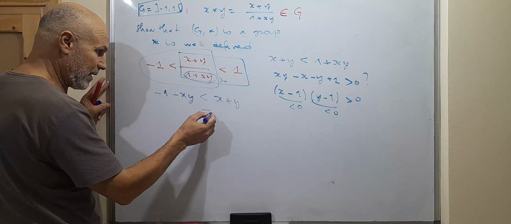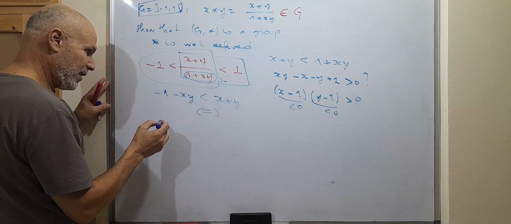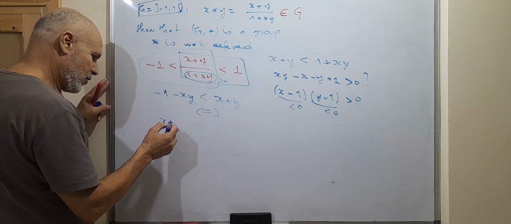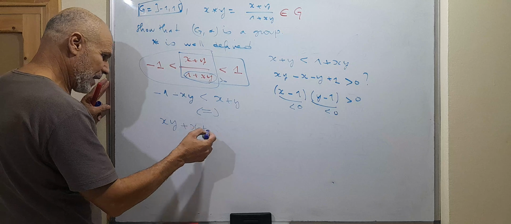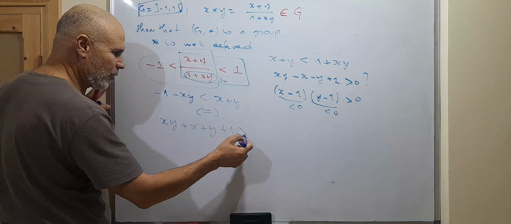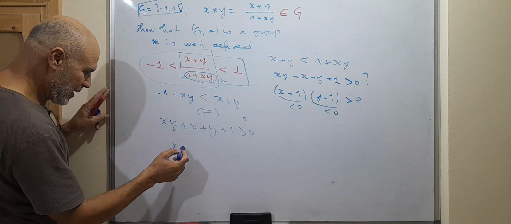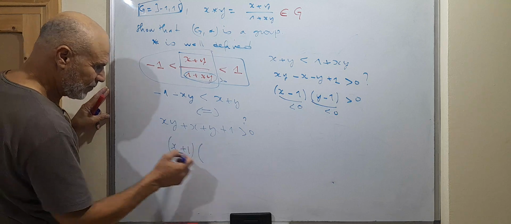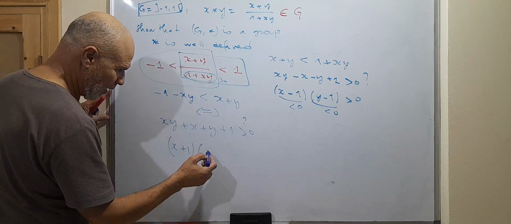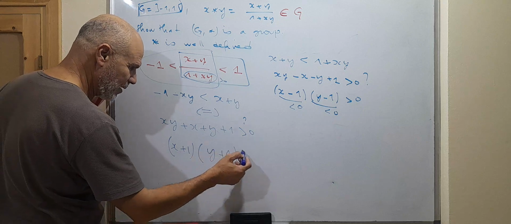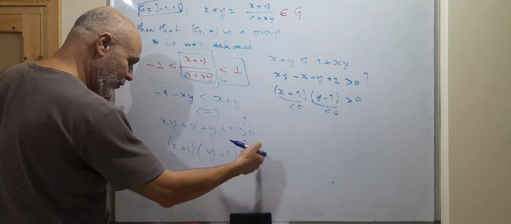This is equivalent to xy + x + y + 1 greater than 0, which is (x + 1)(y + 1) greater than 0.